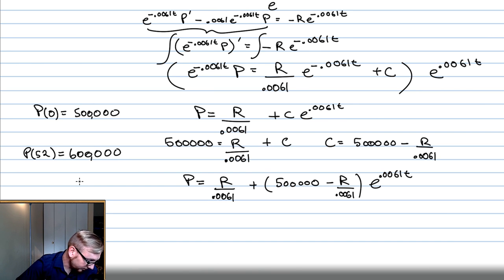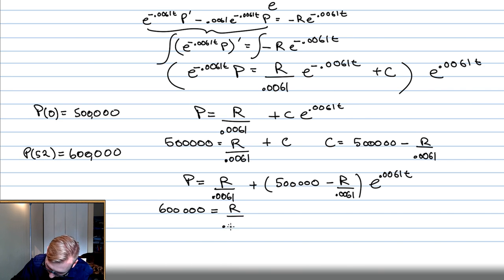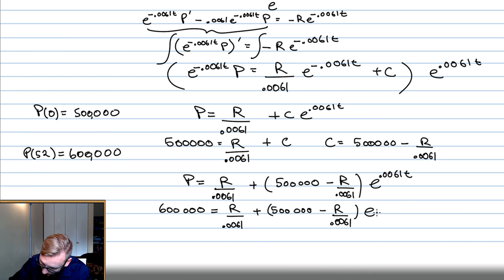Now, let's plug this in. 600,000 equals r over 0.0061 plus 500,000 minus r over 0.0061 times e to the 0.0061 times 52.